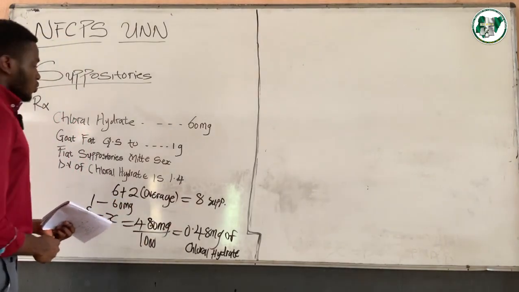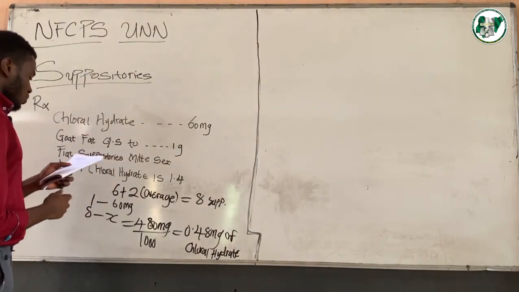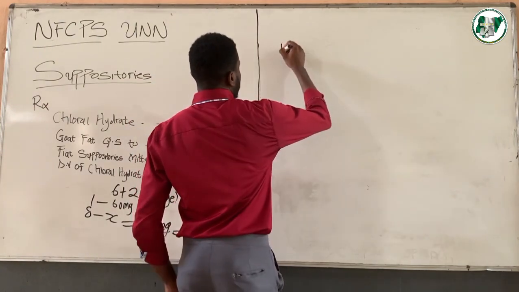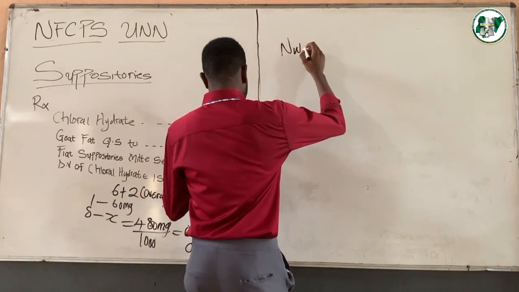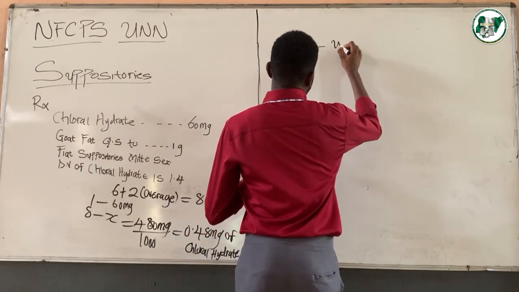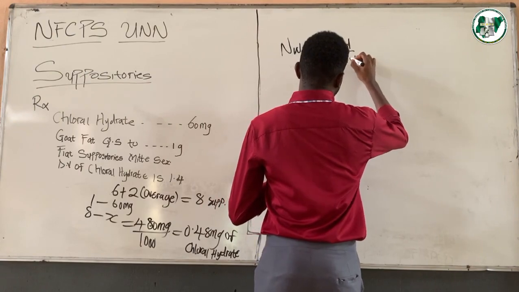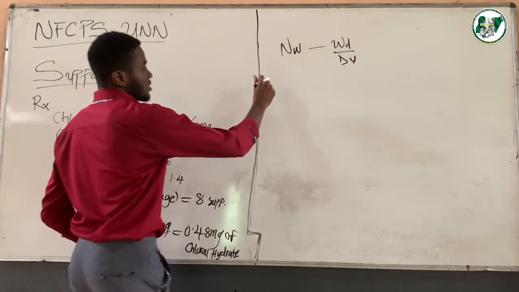Now we go into calculating the amount of goat fat that is needed for this particular prescription, and what we do is we make use of a formula which is given like this. Now, in calculating the amount of base that we need, this is the formula.